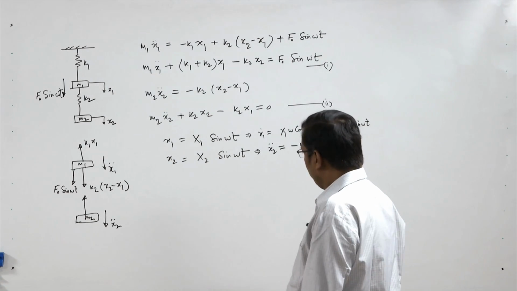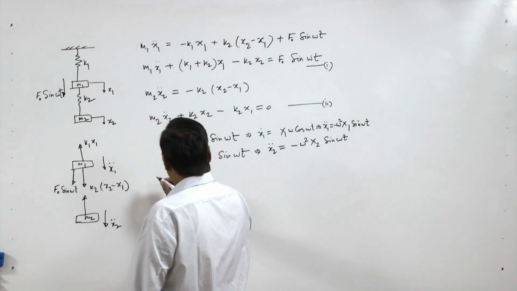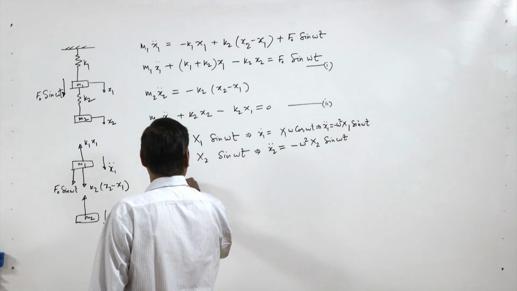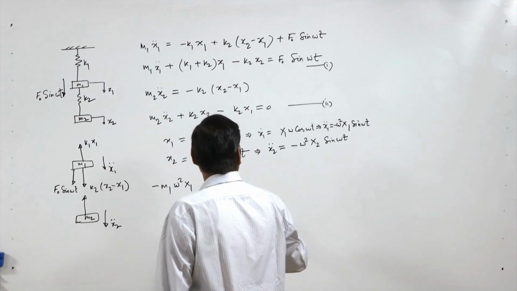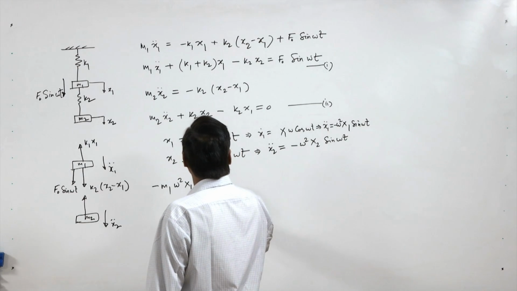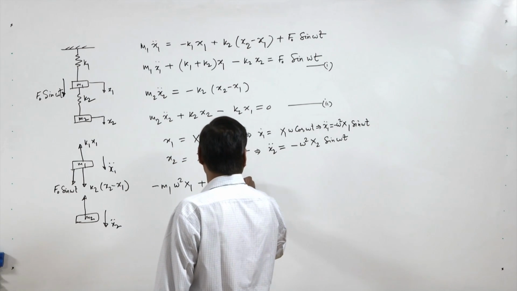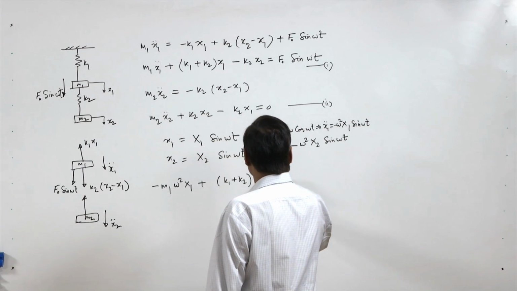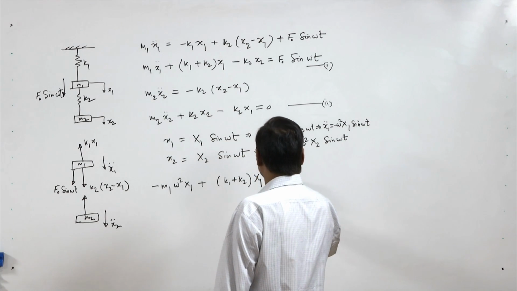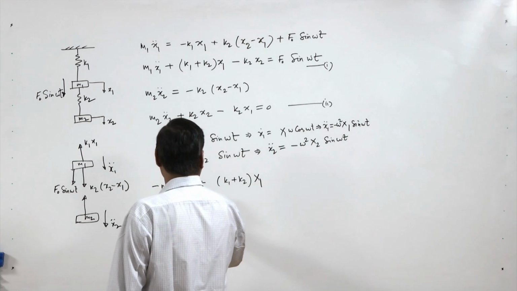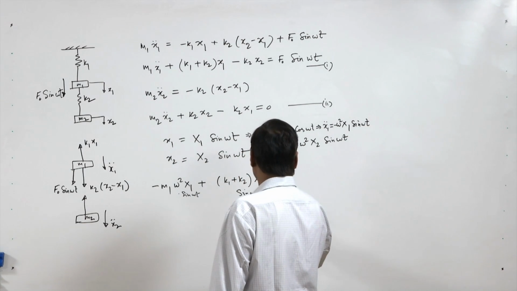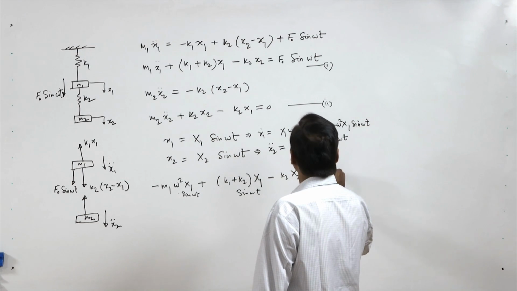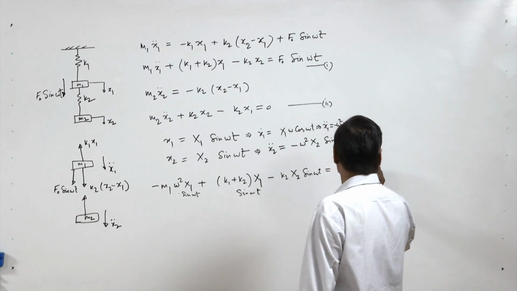So what do we get? Minus m1 omega square X1 plus (k1 plus k2) X1, with sin omega t in each term, minus k2 X2 sin omega t, equal to F0 sin omega t.